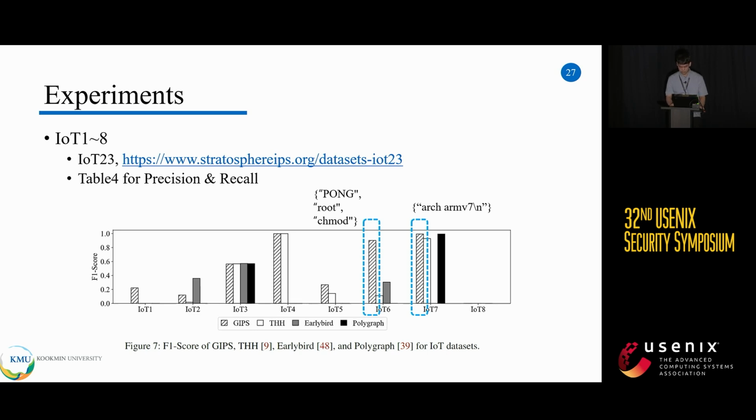For example, 3 signatures are generated as group signatures: phone, root, CAC mode from the IoT6. All of the group signatures contain substrings that appeared only in attack packets. And especially in the case of the IoT6, while other library schemes achieve a low F1 score because of false positives, GIFs can remove the false positives well.